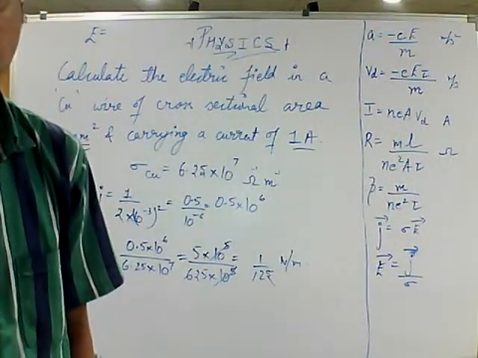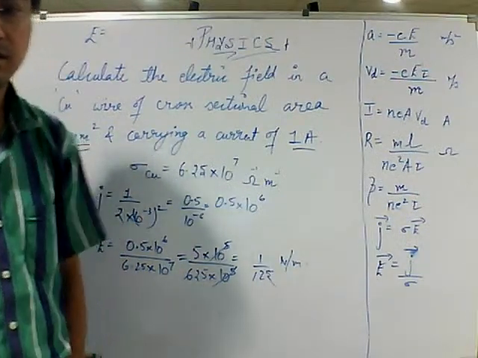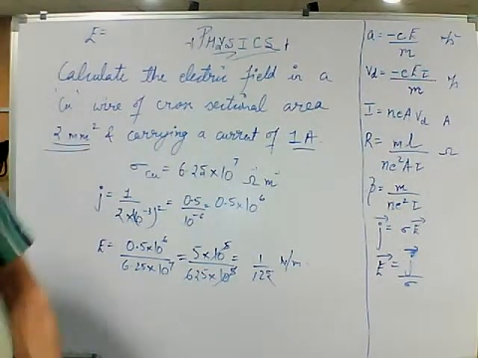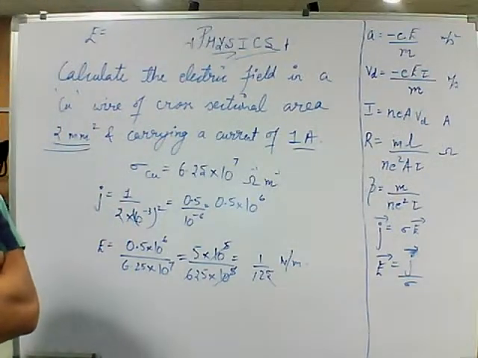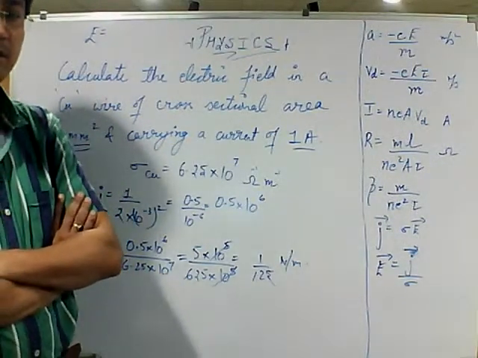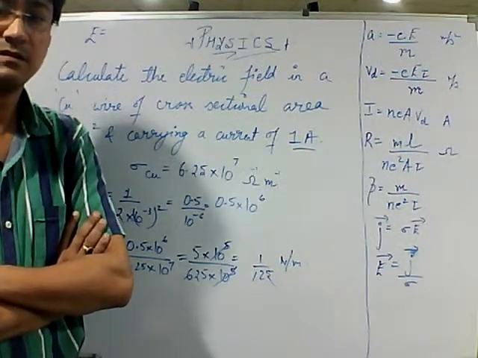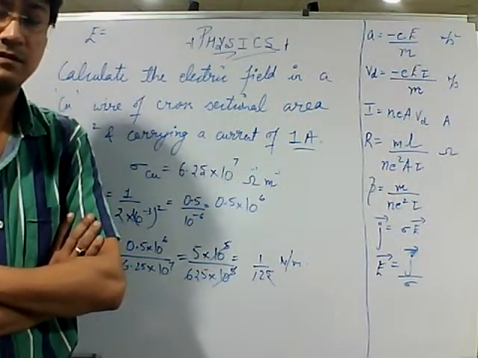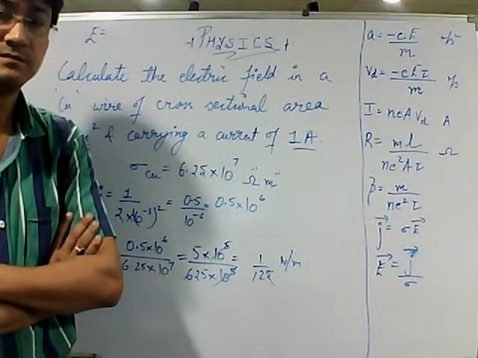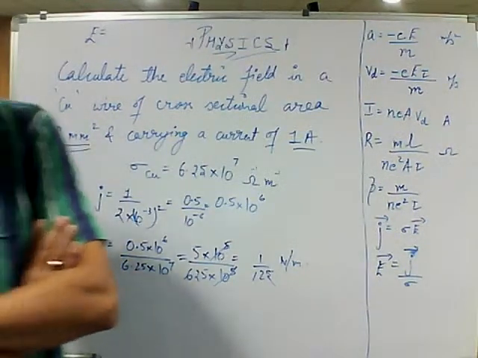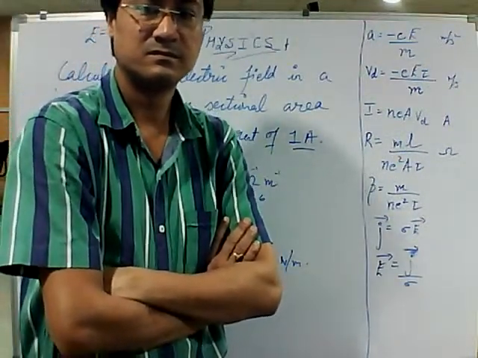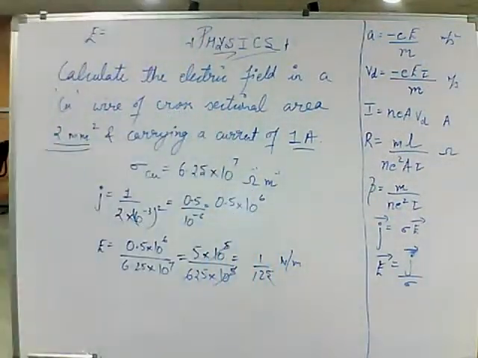Not newtons per meter square. How would it be newtons per meter square? Is it clear now? Please see.